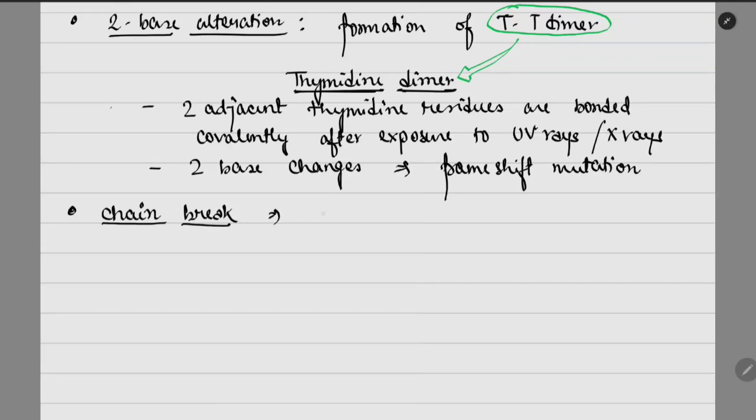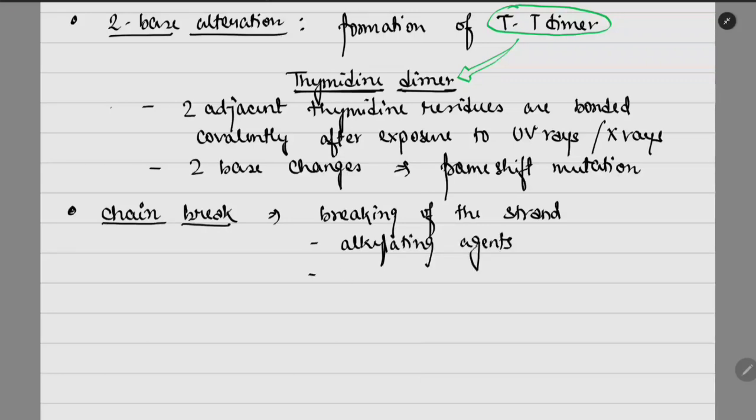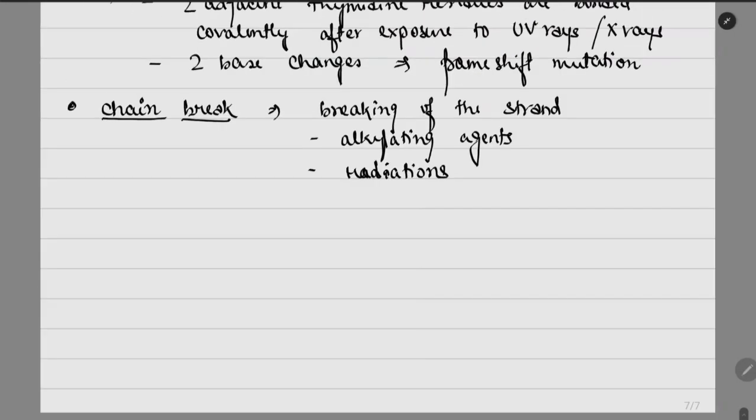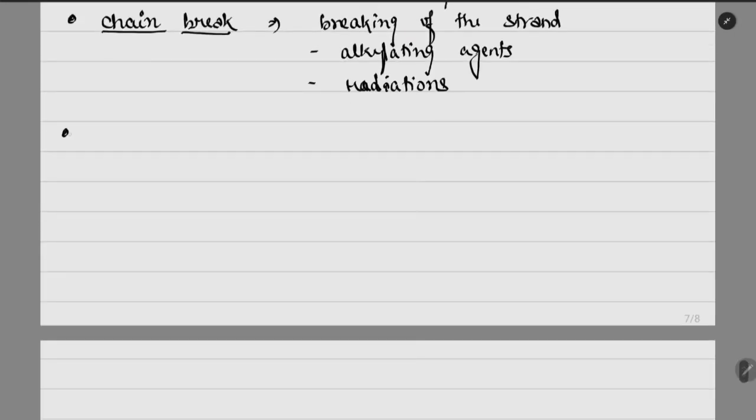So chain breaks means breaking of the strand can occur due to alkylating agents or some kind of radiations. Okay, now the last one, that is cross linkage.